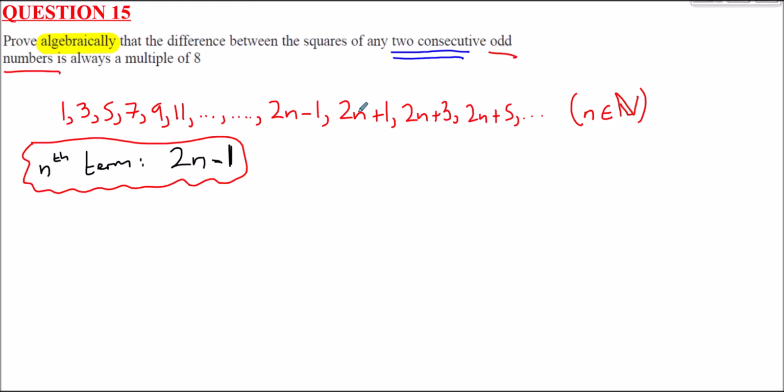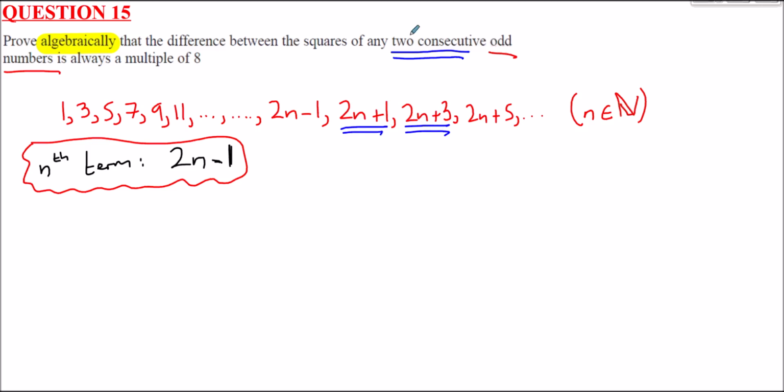I'm going to look here for 2 algebraic odd numbers which are next to each other. So 2n plus 1 neighbours 2n plus 3, and I'm going to go for these 2 here. These are 2 consecutive odd numbers, one next to the other. This one is the next odd number up from that one.